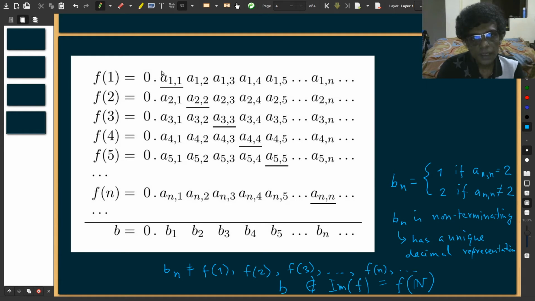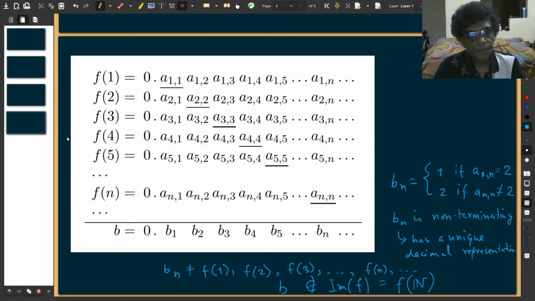But let us see, because of this a11, a22, a33, a44, a55, ann, this is basically the main diagonal of the two-dimensional matrix, infinite in both directions. And this b is forced to differ from the nth element at the nth position of the diagonal. And that is why this is called a diagonalization proof.